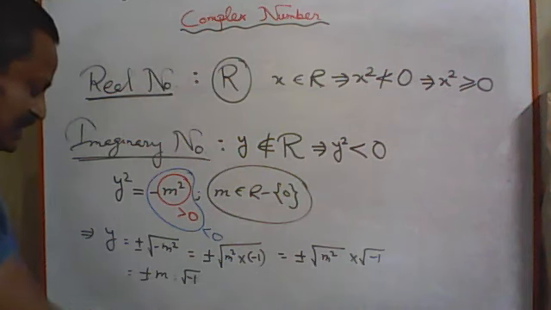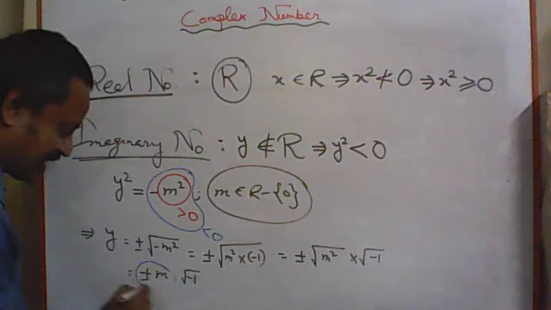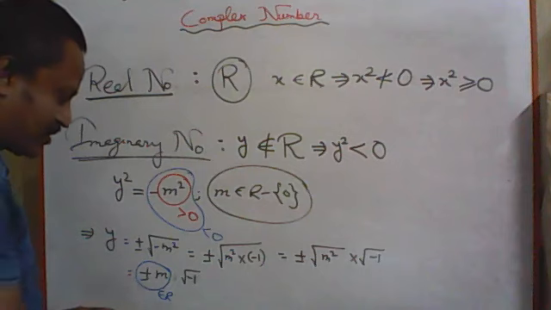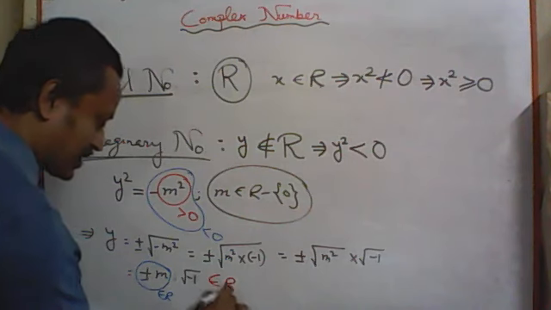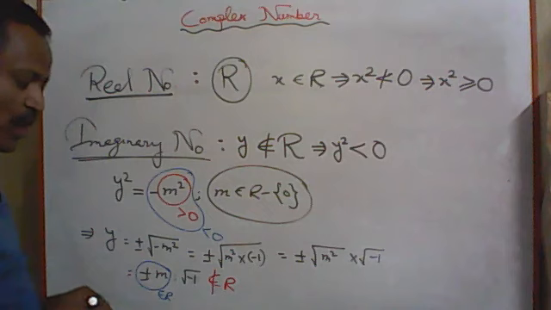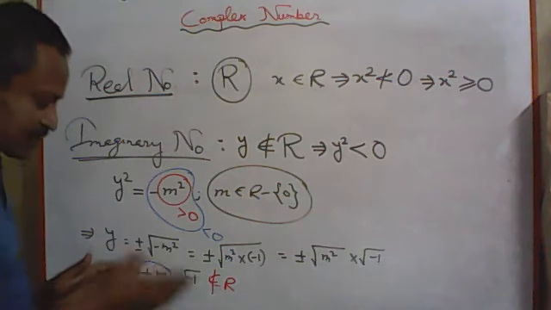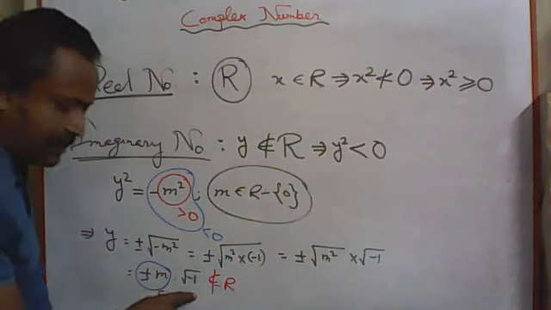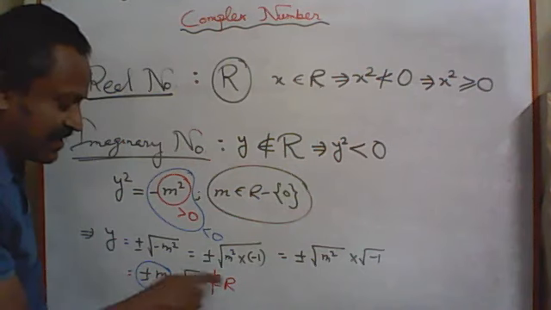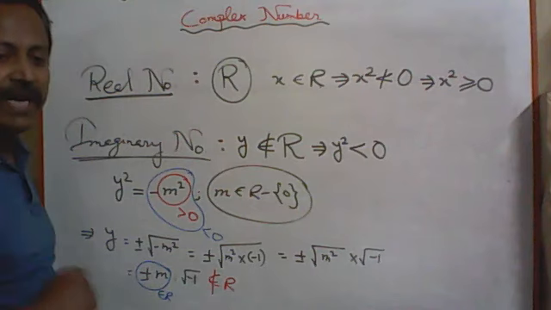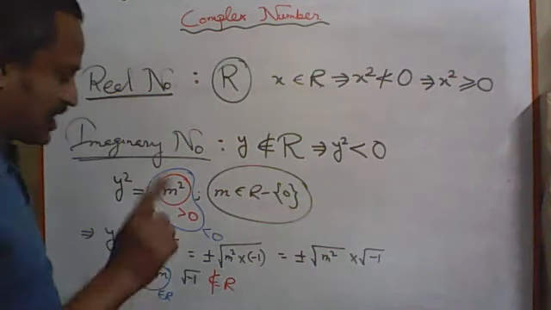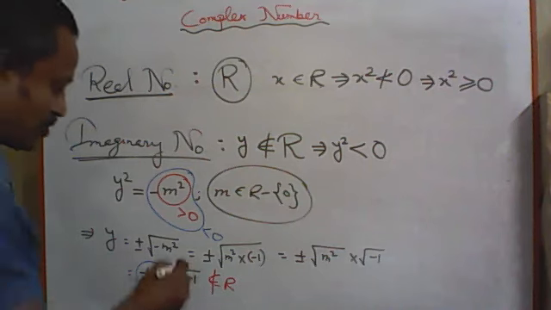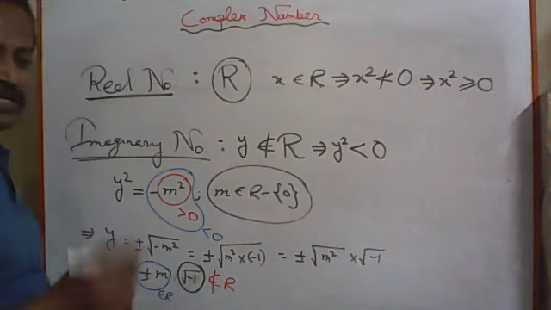Here, this m being real, plus minus m is real, but we know that the total result, that is y, is non-real. That means from this result we can conclude that if any real number is multiplied by this factor, then that number will become an imaginary number.